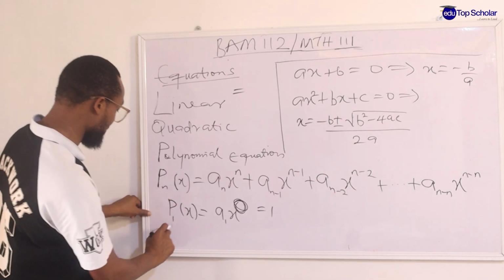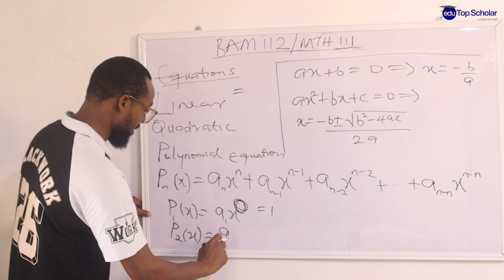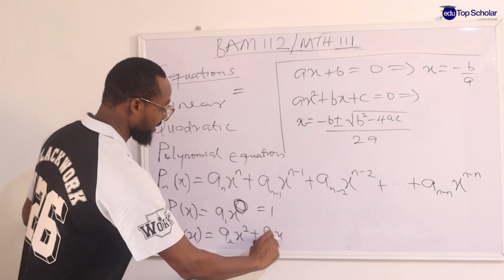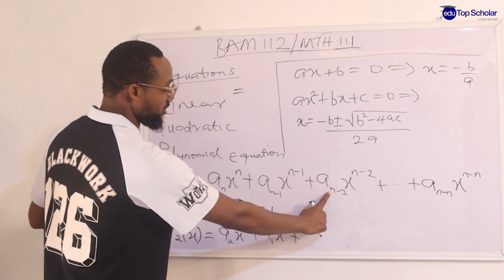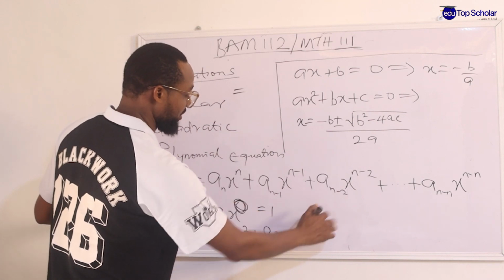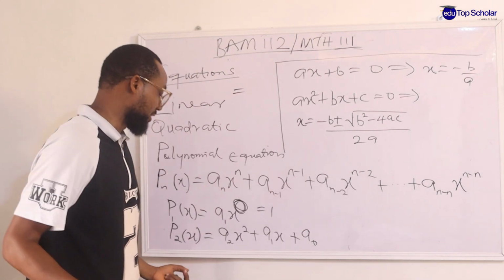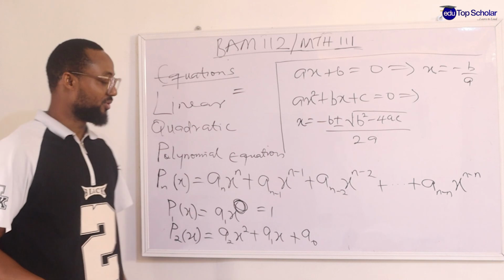And if our n is equal to 2, that implies that we have p2 of x equals a2 x squared plus a1 x plus, for n equals 2, that will be n minus n, which is 0, a0 x raised to the power 0, that will be 1, and we have this, which is the quadratic equation.